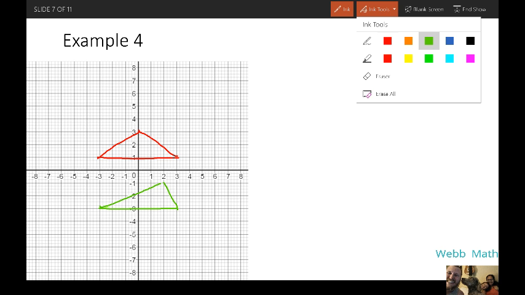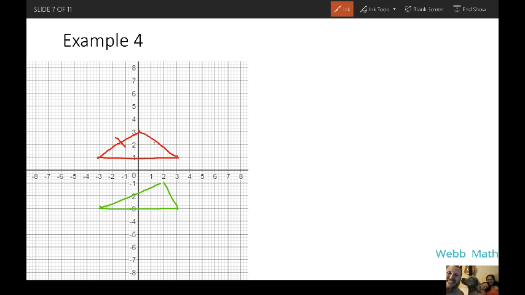We have an isosceles triangle here, but the green guy doesn't look like an isosceles. It's not, okay?